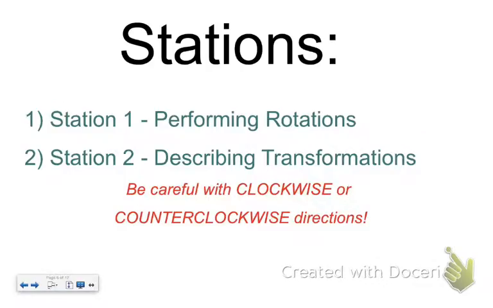So for full class credit today, you are expected to complete the rest of this handout, which is Station 1, Performing Rotations. And homework for tonight is going to be to complete Station 2. So the sooner you get through Station 1, you may begin your homework for the night.